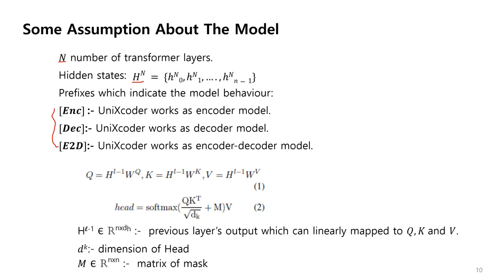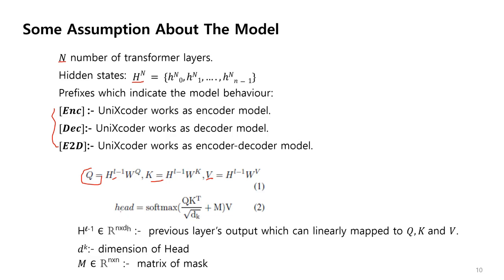If you use E2D, UniXcoder is operating as an encoder-decoder model. These are the computations for Q, K, and V, the matrices we are already familiar with from the transformer network. So we compute them using the previous hidden state output, H^(l-1).